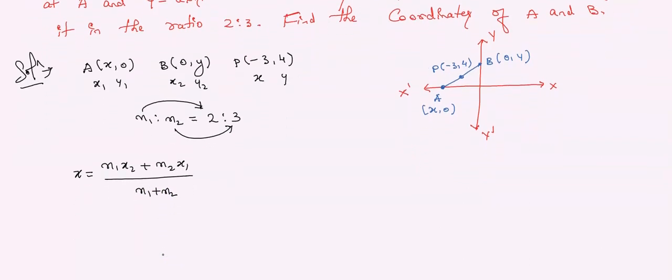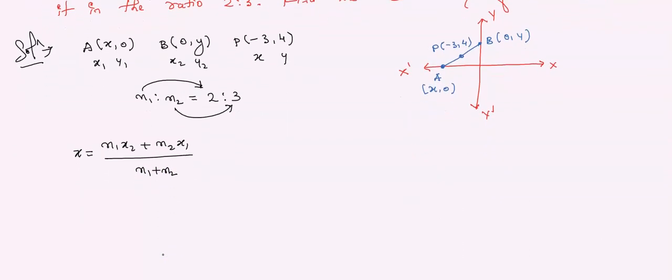Now they are asking us to find the coordinates of A and B, right? Now x, what is the value of x? x is minus 3 is equal to m1 is 2 into x2 is 0 plus m2 is 3 and x1 is x, by m1 plus m2, that is 2 plus 3.